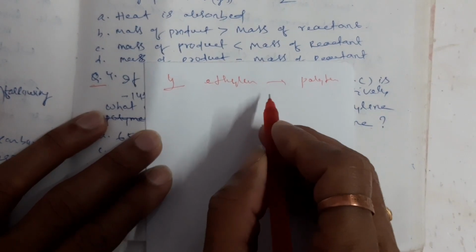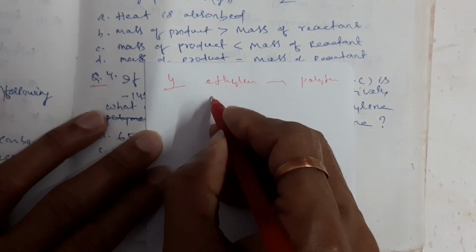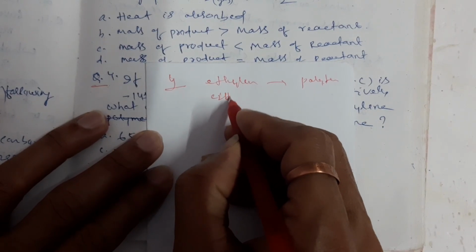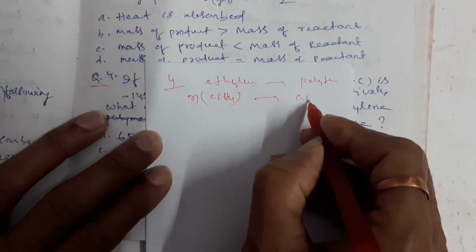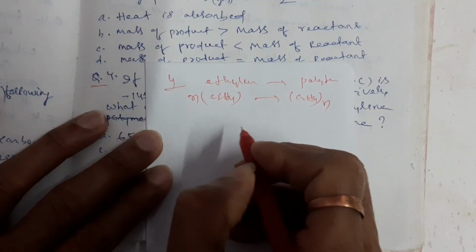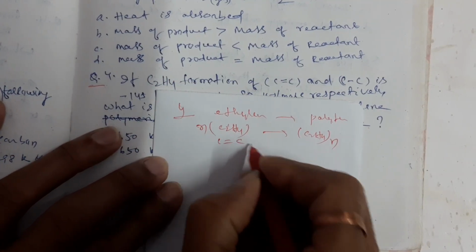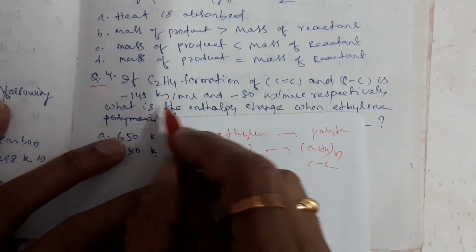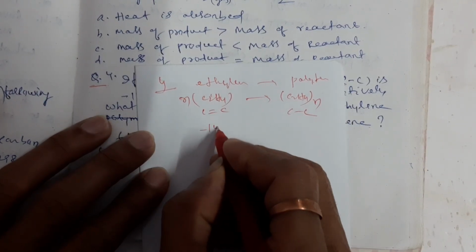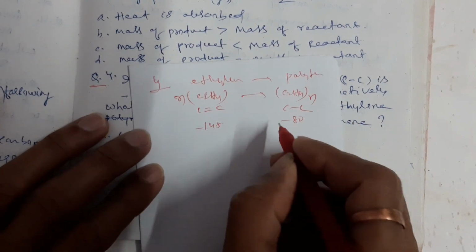Okay, so this is polymerization. So you take n molecules of C2H4 and you will get polyethylene. Here a double bond is present, here a single bond is present. For the double bond it is given as minus 145 kilojoule per mole, and for the single bond it is given as minus 80.